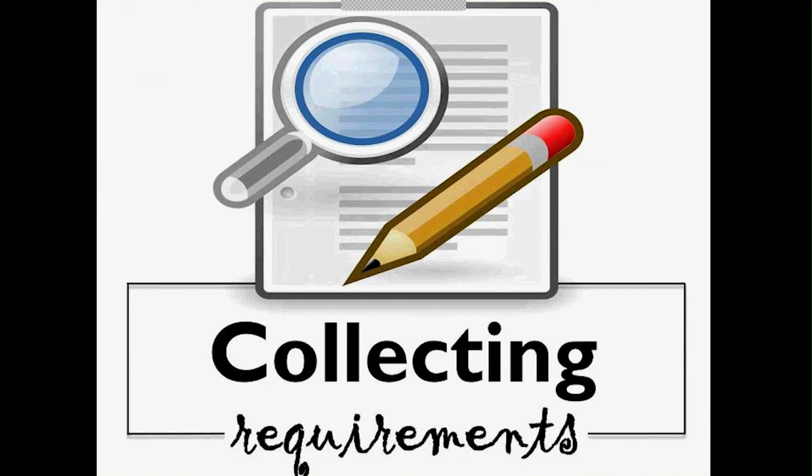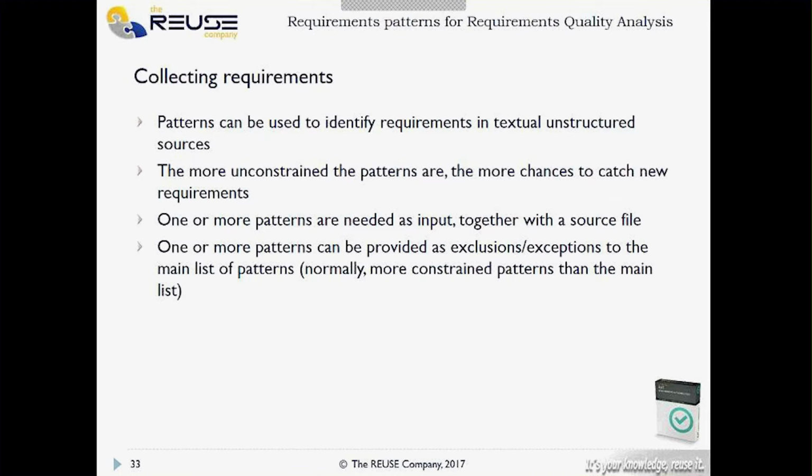Right? And finally, the last feature is using, in this case, RAT, Requirements Authoring Tool, to identify requirements out of an unstructured source. So the idea is that once you come up with a number of different patterns to represent your requirements, then you can input a textual document, which could be PDF, Word, or a text file, and the tool will analyze it sentence by sentence, checking for those sentences that really match one of the patterns that was given as an input.